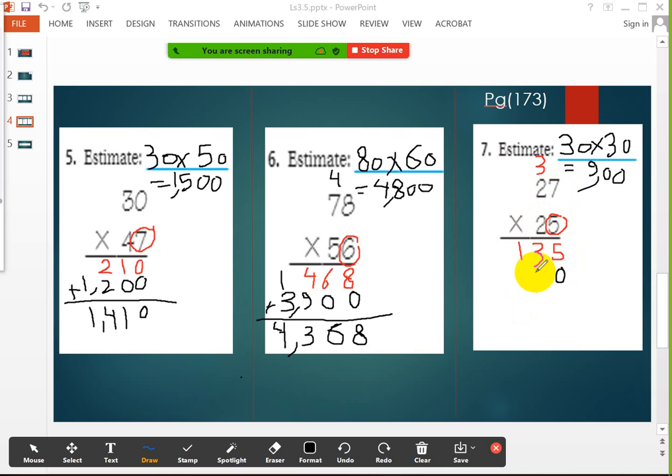So I have to put 4 here and 1 above the tens, because I have to regroup the answer. 2 multiply 2 equals 4 plus 1 equals 5.